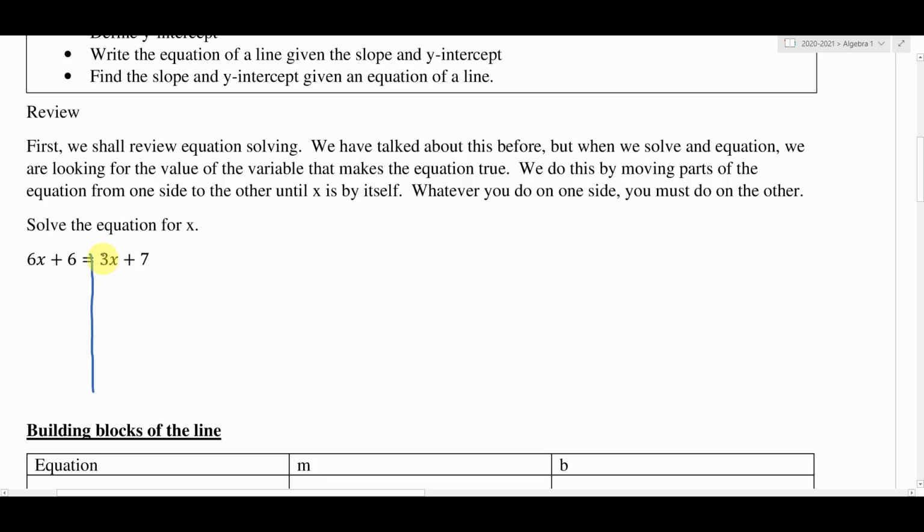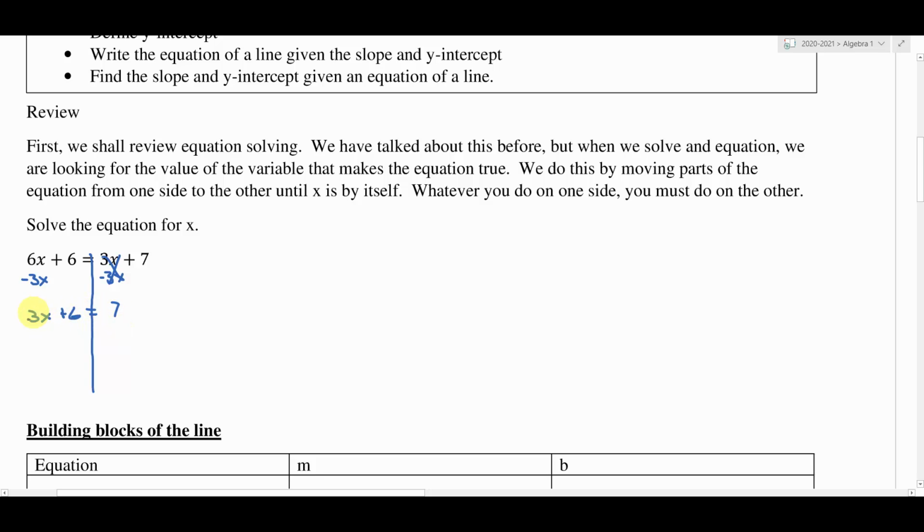And since it's a positive 3x, I'm going to do the opposite, which means I'm going to subtract 3x from both sides. Okay. So working left to right, 6x minus 3x leaves me with 3x. I still have a plus 6. And then on the right side, these cancel and become 0, so all that's left is a 7.